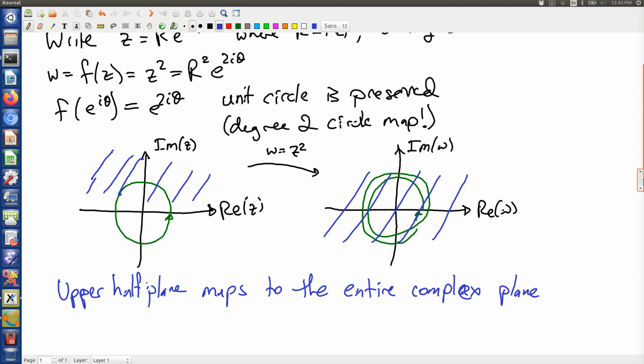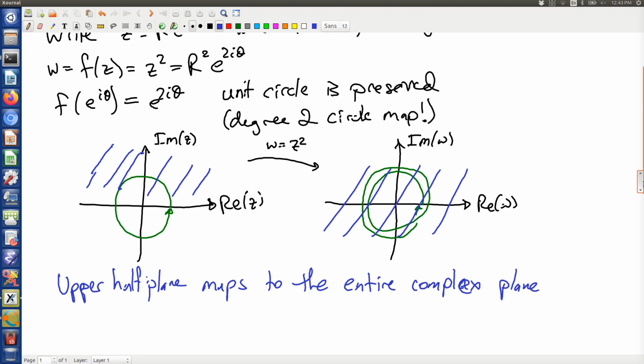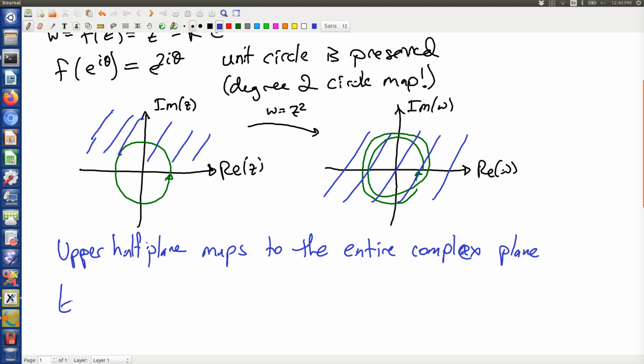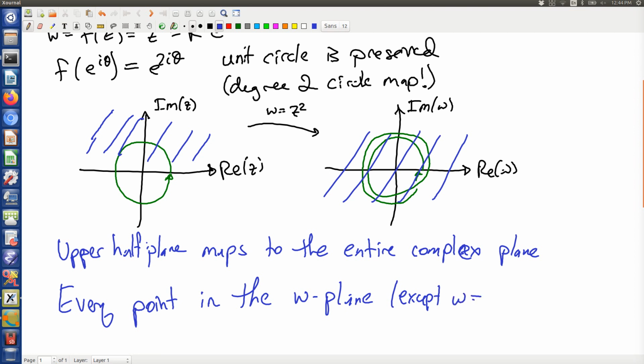Every point in the complex plane therefore ends up showing up twice in the image. Or put another way, every point in the w plane except w equals 0 has two pre-images in the z plane.